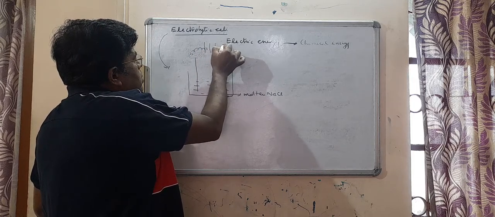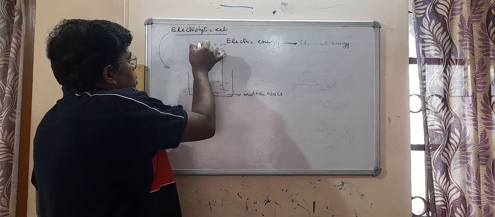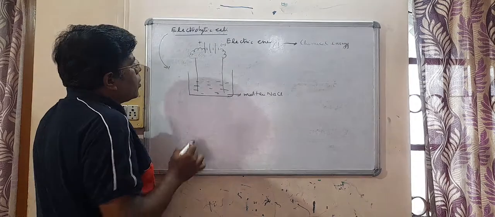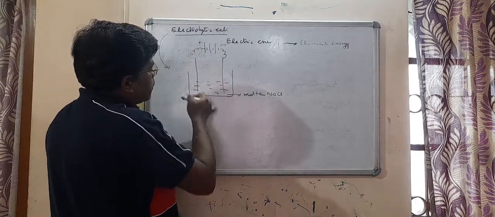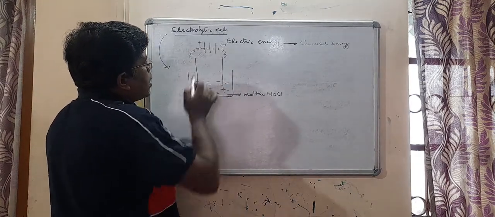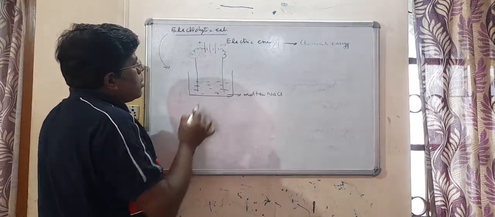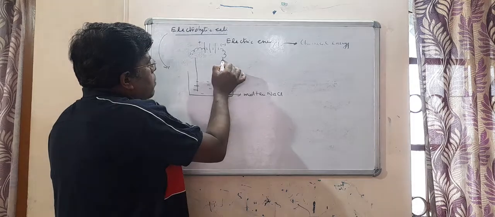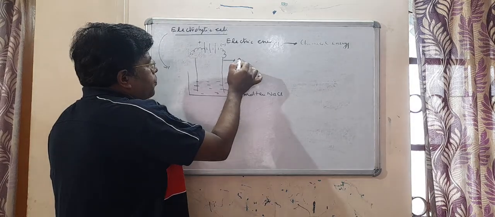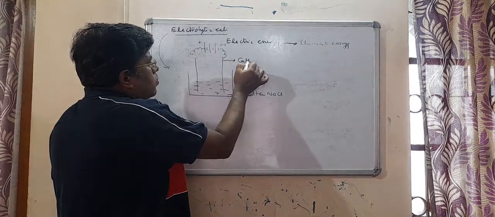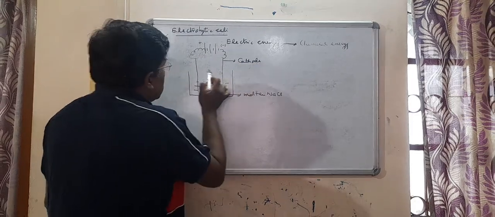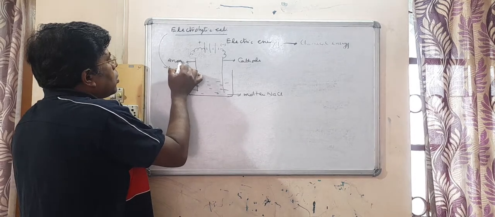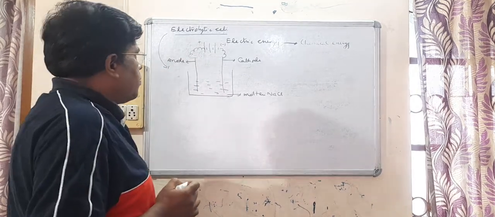This is the minus end of the battery, this is the plus end. Now this is an electrolytic cell. In an electrolytic cell, this minus plate is called the cathode, and this plus plate is called the anode.